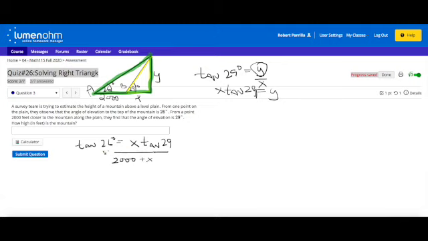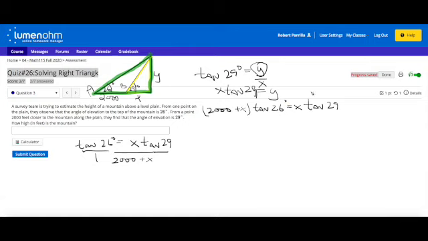I'm going to start by cross multiplying this and this, and that'll be 2,000 plus x in parentheses, because it's going to multiply with the tangent of 26 equals the x times the tangent of 29 that we just got before.